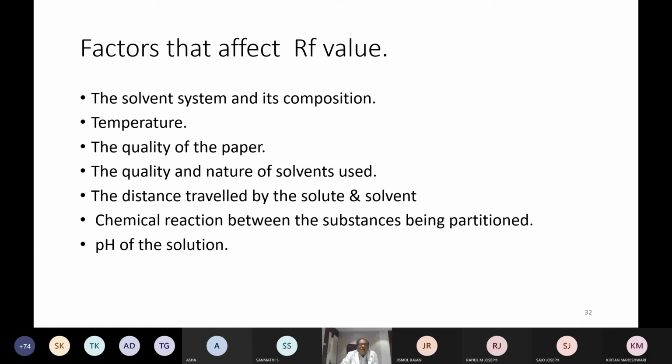And the quality and nature of the solvent that you are using. Another factor is the distance traveled by the solute and the solvent, and chemical reactions between the substances being partitioned, which may give you a false or wrong value, and the pH of the solution.